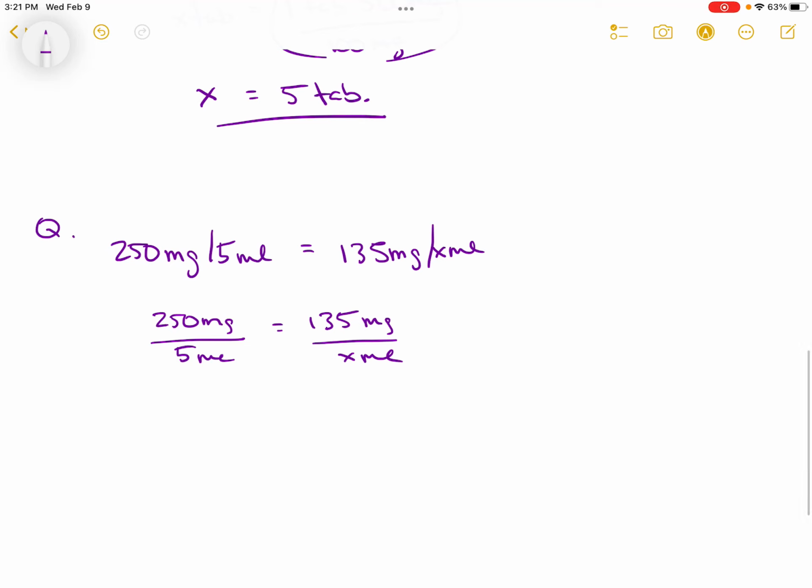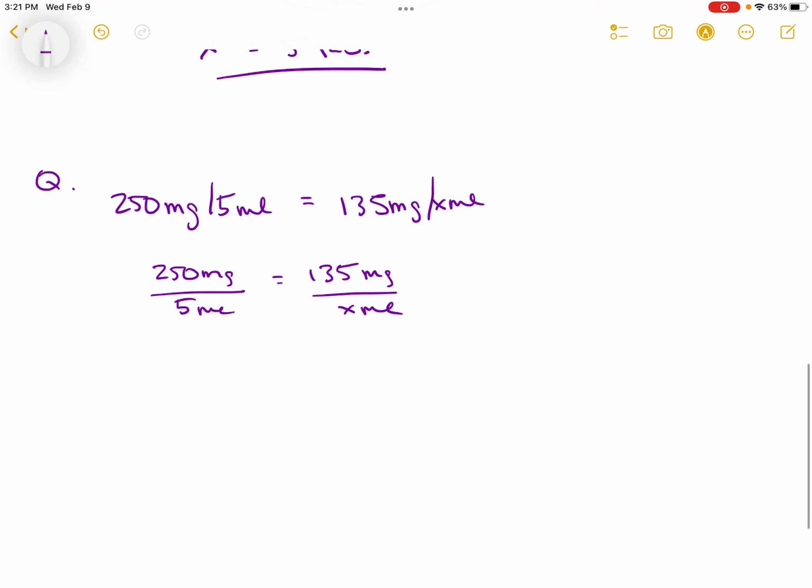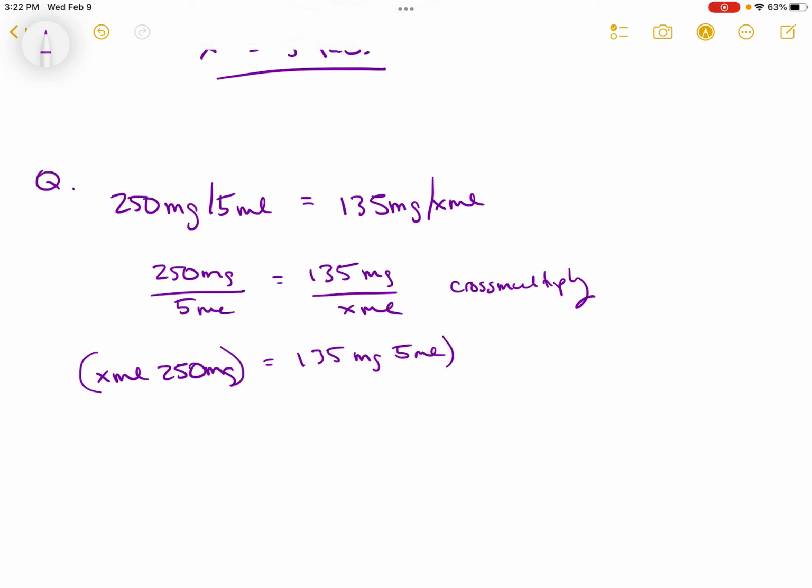We can see these values are the same. Now we're going to cross multiply again. So then we've got X mLs, 250 milligrams equals 135 milligrams and 5 mLs. Then X equals 135 milligrams times 5 mLs over 250 milligrams.